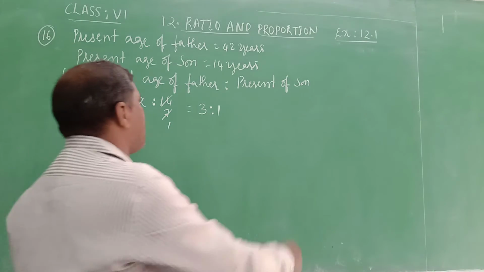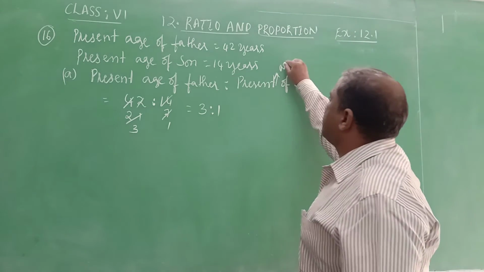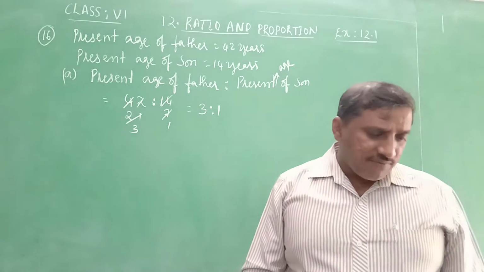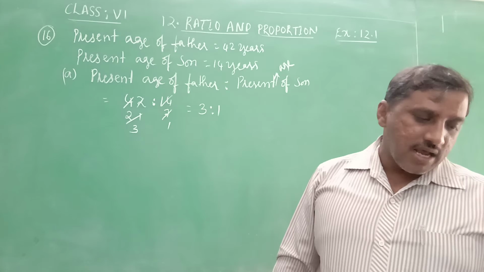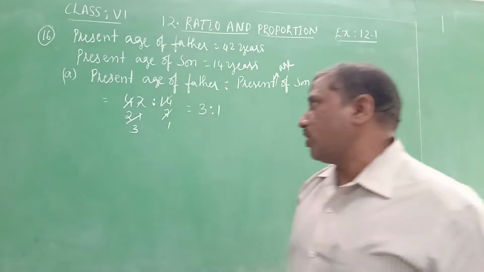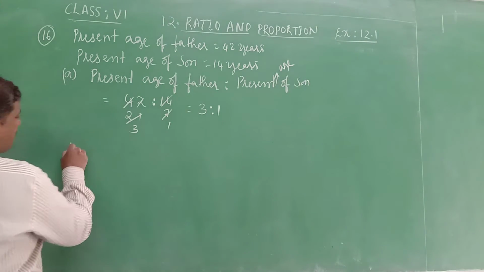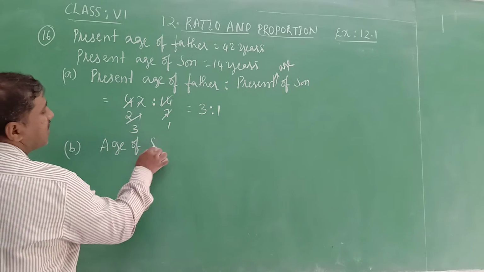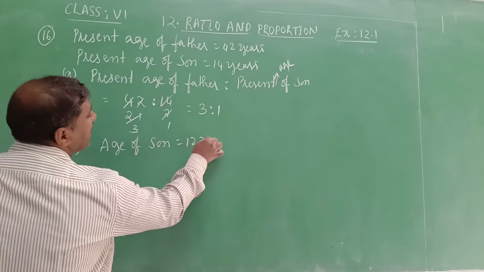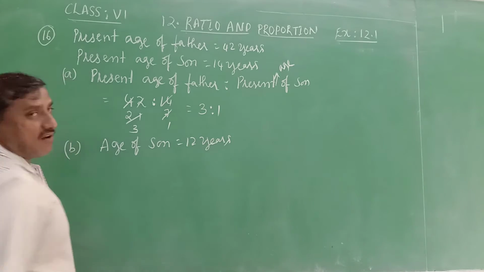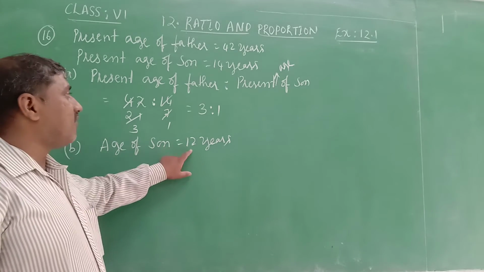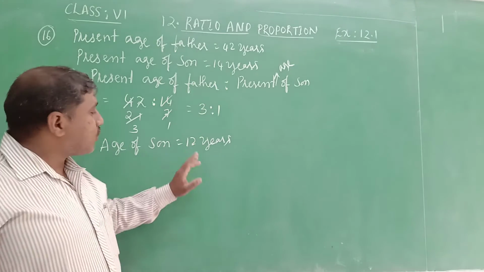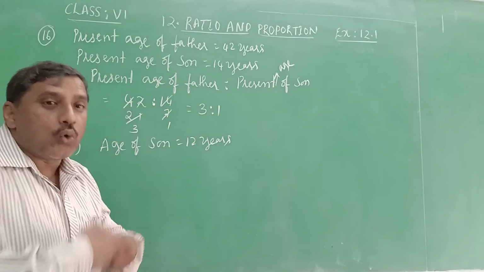That is the ratio of the present age of father to the present age of son, 3:1. Now the next: the age of the father to the age of son when the son was 12 years old. The present age of son is 14 years, so when he was 12 it means 2 years less.